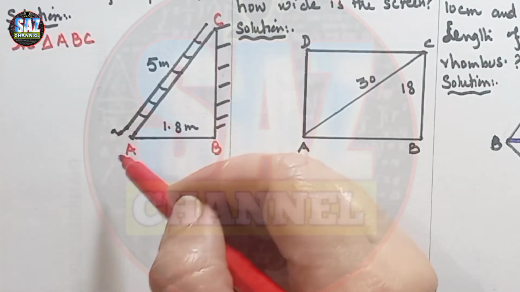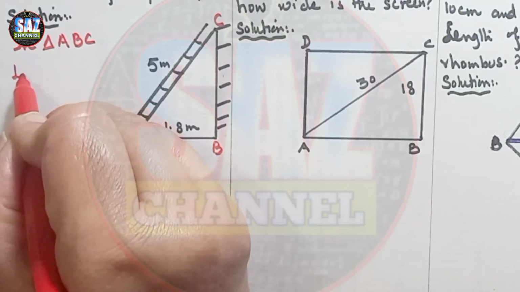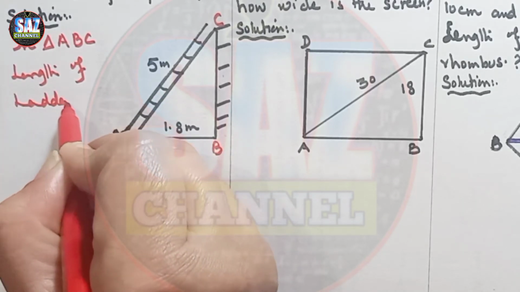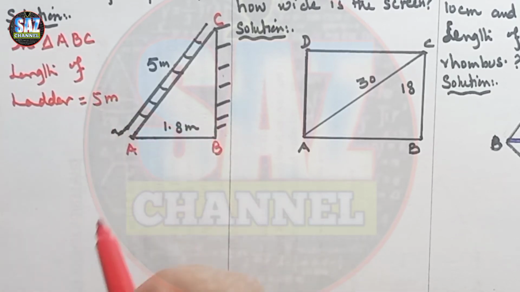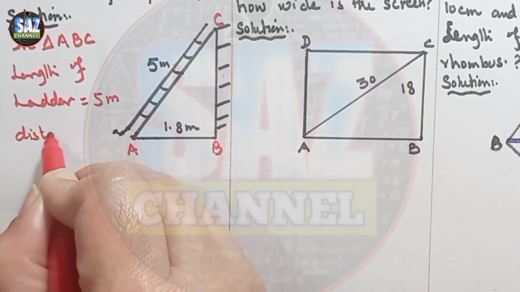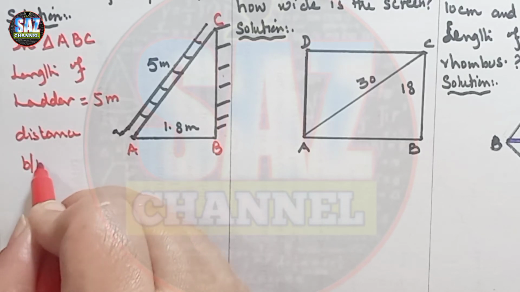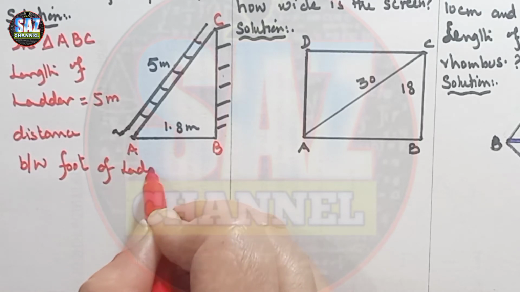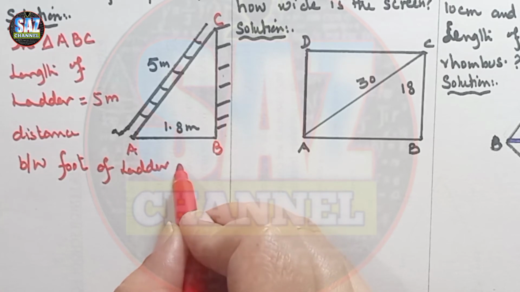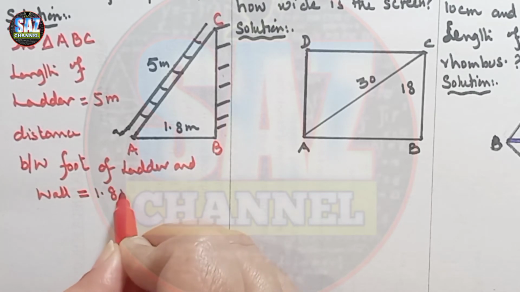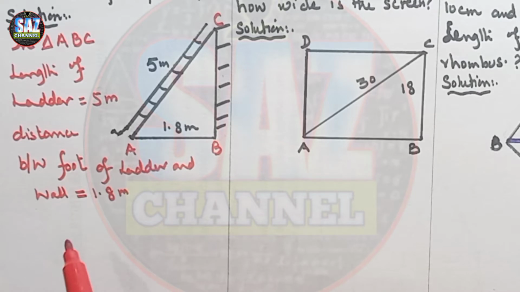Length of ladder given in the question is 5 meters, and then distance between foot of ladder and wall is 1.8 meters, and the vertical height where the ladder reaches be x.